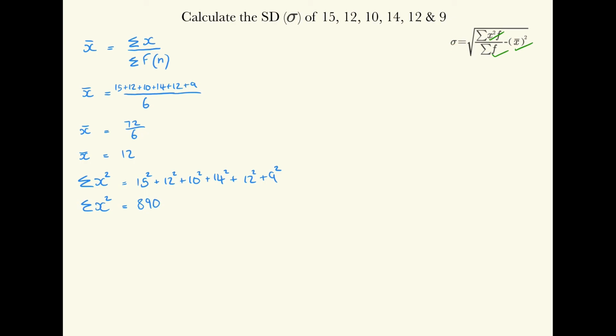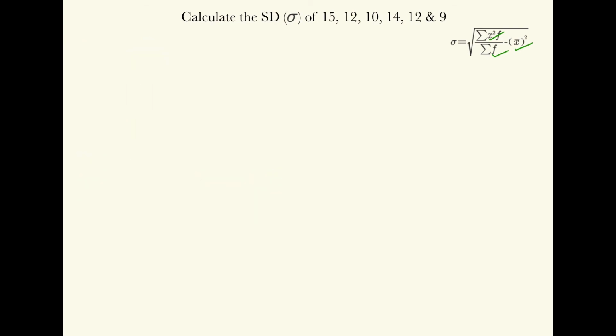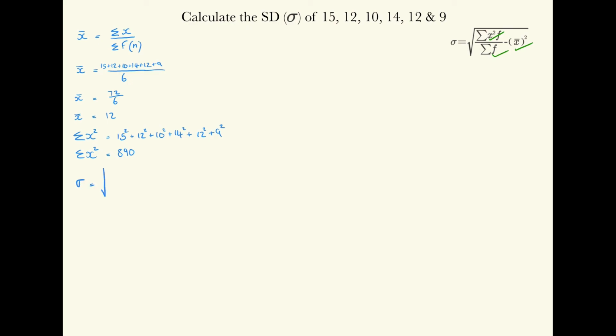So we'll go ahead and write this down. I might just select all of this and resize it, so we've got a little bit more room, but it'll still be available for you to have a look at. All right, let's go ahead now with our formula. So standard deviation is equal to the square root of the sum of our scores squared divided by the sum of our frequencies, in other words, n.